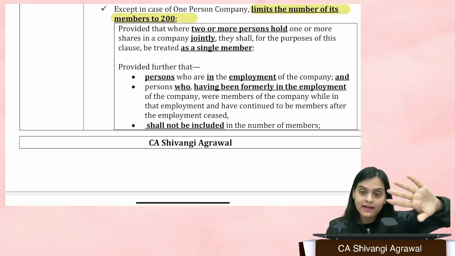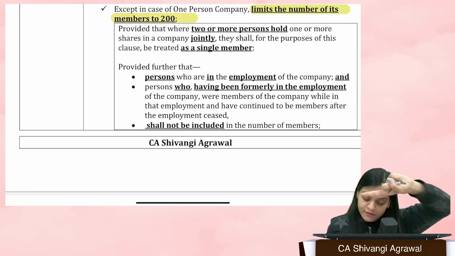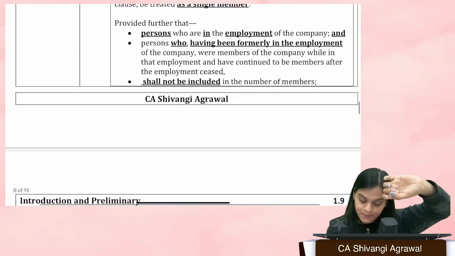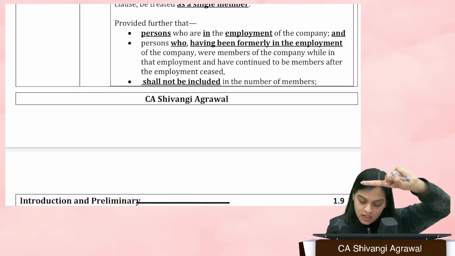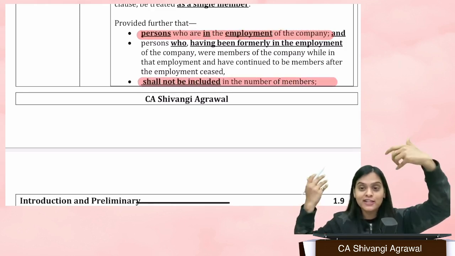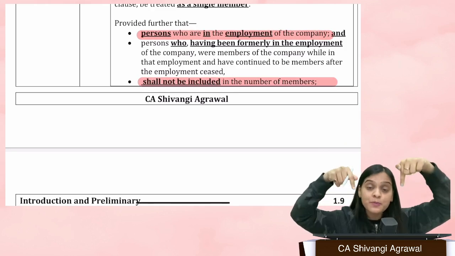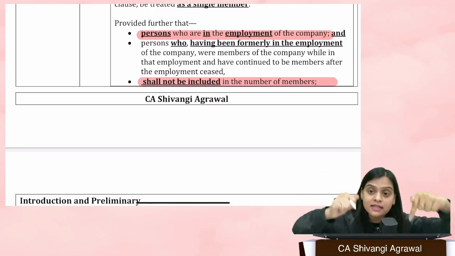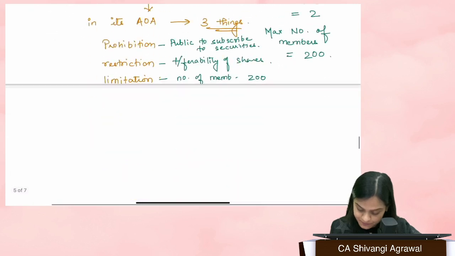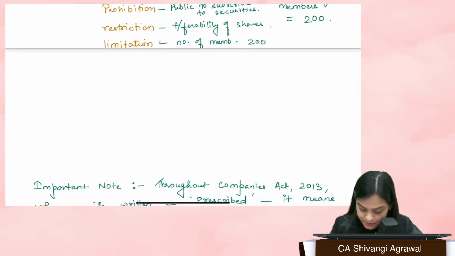Provided that, where two or more persons hold shares jointly, they shall be treated as a single member. Provided further that persons who are in employment of the company shall not be included in the number of members, for counting the limit of 200. Fine. So, employees and former employees.